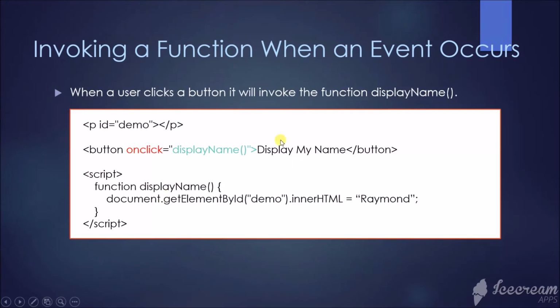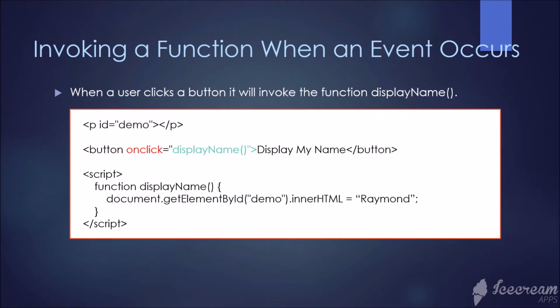So we have a sample code here. When a user clicks a button, it will invoke the function displayName. We have here the paragraph element with an ID of demo. Then here is our button. And here is our function, which is displayName. As you can notice, we have an attribute onClick.